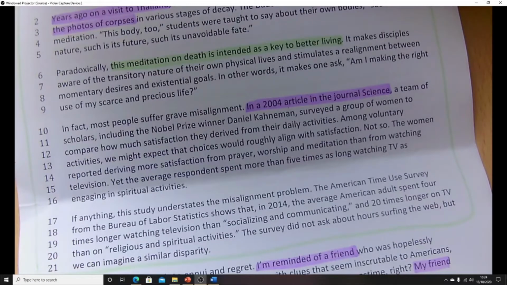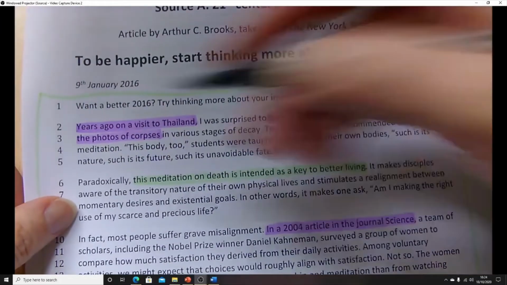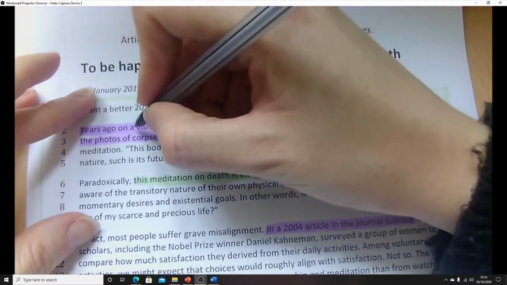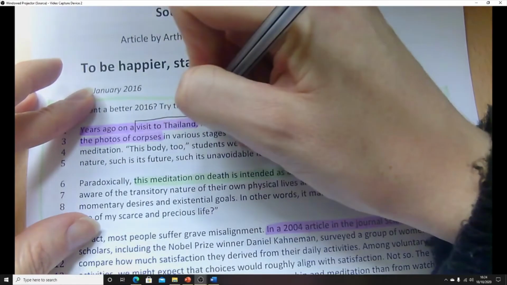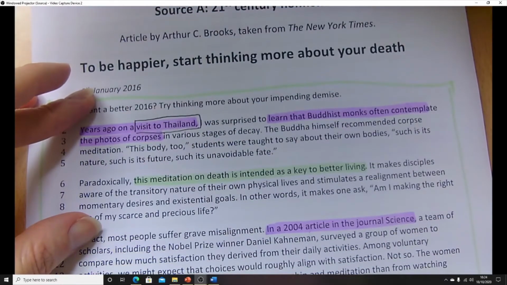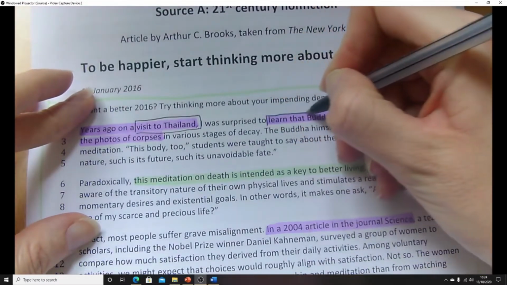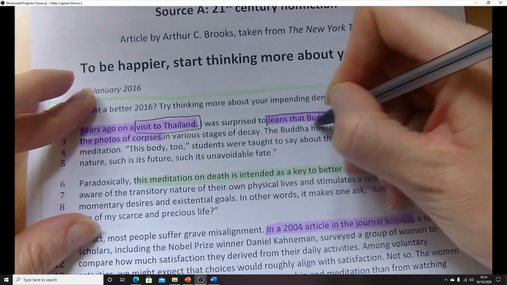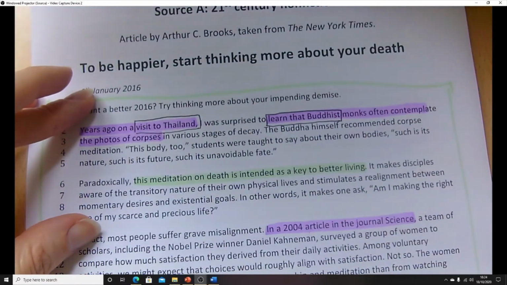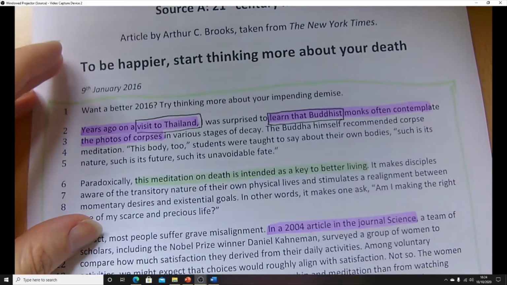Well, the first thing here that I would say is that in this one, it's all about a visit to Thailand. So he's taken a trip, and that's obviously sparked his interest in thinking about death, and that's his experience. While he was there, he learnt about this Buddhist phenomenon of corpse meditation. So that is going to be one of the things I'm going to talk about as a comparison.